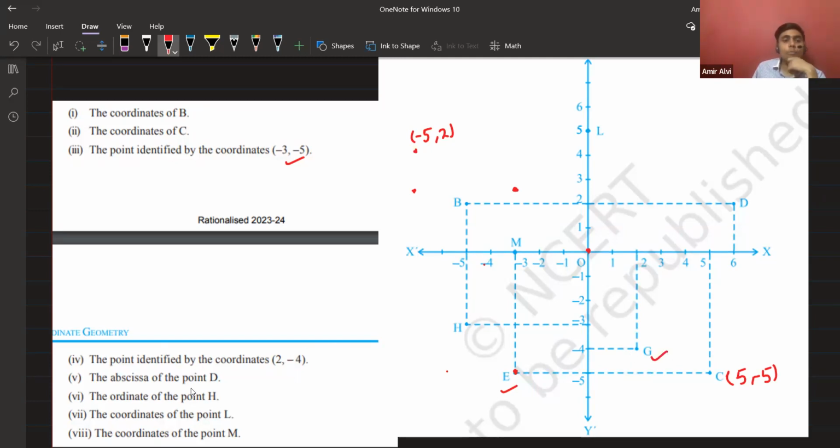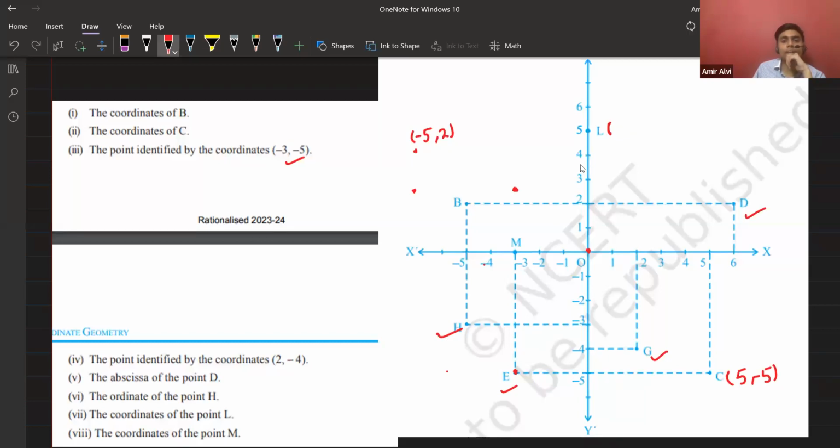Abscissa of point D. 6. Very good. The ordinate of point H. Minus 3. Very good. Coordinates of L. What 5?